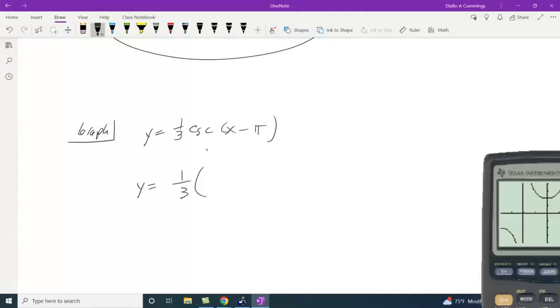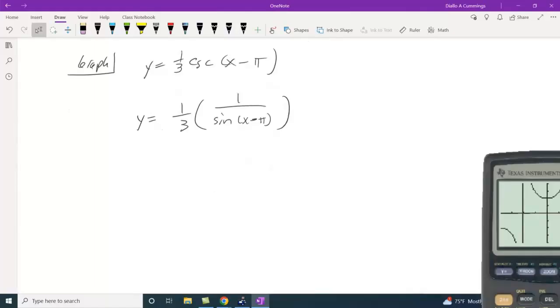Right, so I'm going to keep my 1/3. I'm going to rewrite cosecant as 1 divided by the sine of x minus pi. Right, because cosecant is equal to 1 divided by the sine. And now I'm just going to multiply my numerators and multiply my denominators. So this should be y is equal to 1 divided by 3 times the sine of x minus pi.